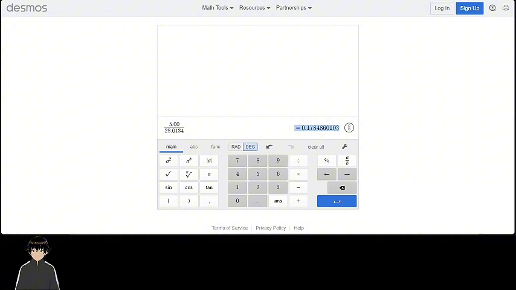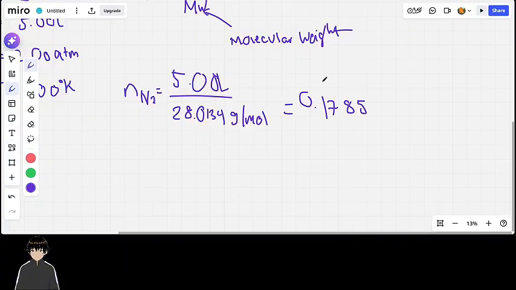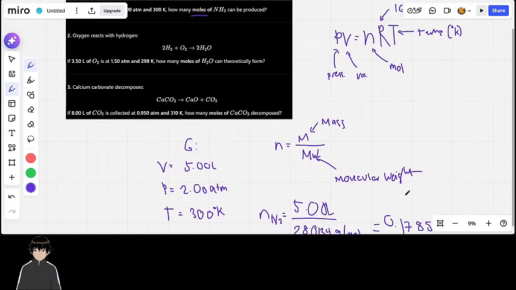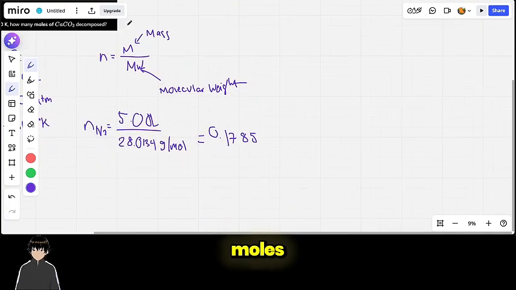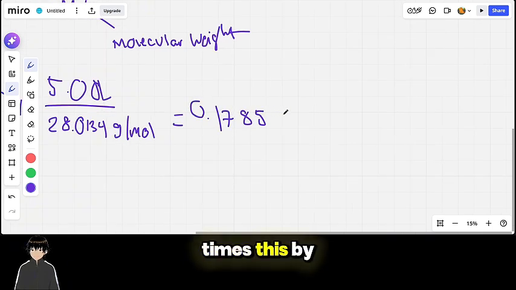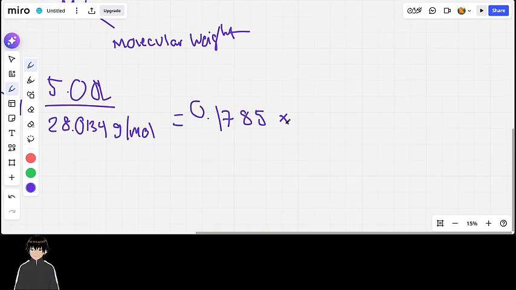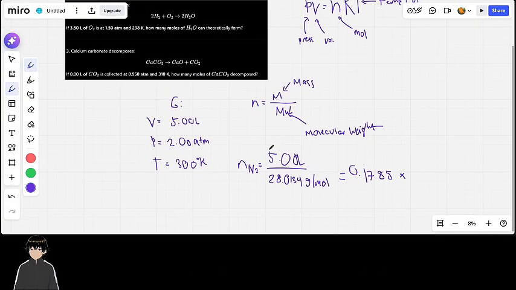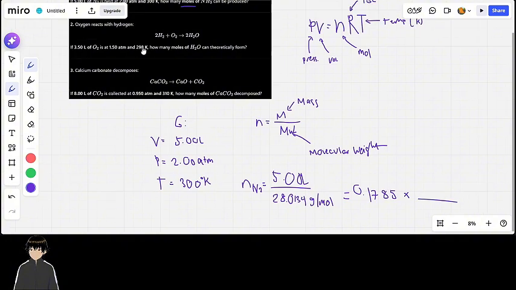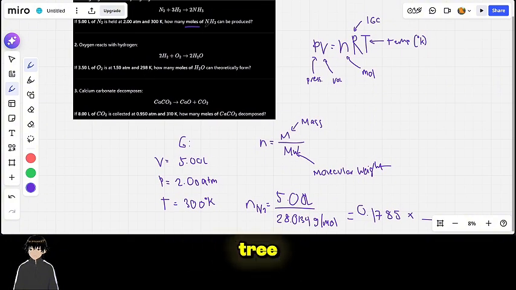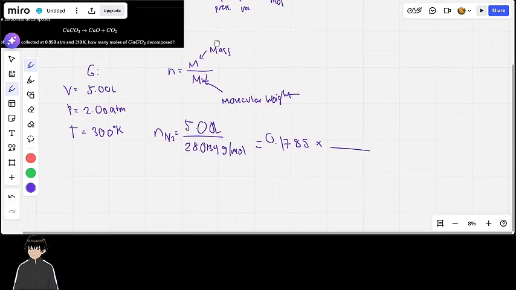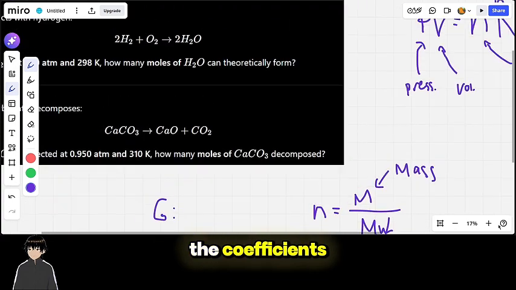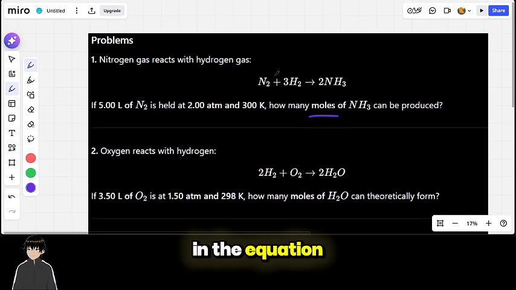Okay. So now that we've got the moles, we need to multiply this by the molar ratio of what we're trying to find. We're trying to find NH3. The molar ratio consists of the coefficients in the equation here.